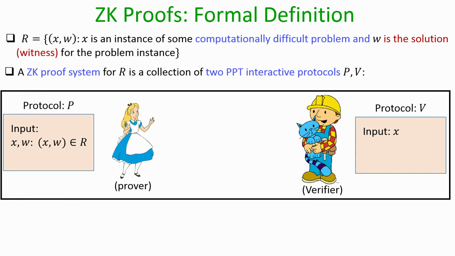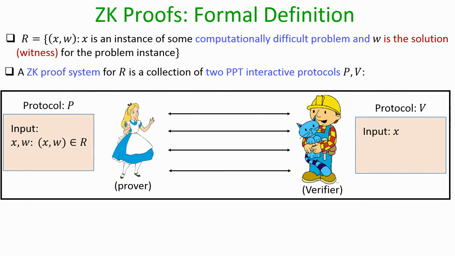The input for the prover will be an x comma w pair, and the goal of the prover is to prove that it knows a w such that x comma w belongs to R, whereas the input for the verifier algorithm will be the problem instance x, and the goal of the verifier is to verify whether indeed Alice knows a w such that x comma w belongs to R or not.